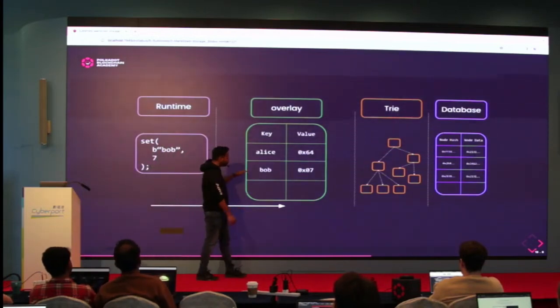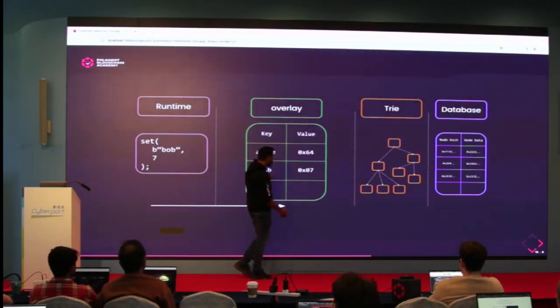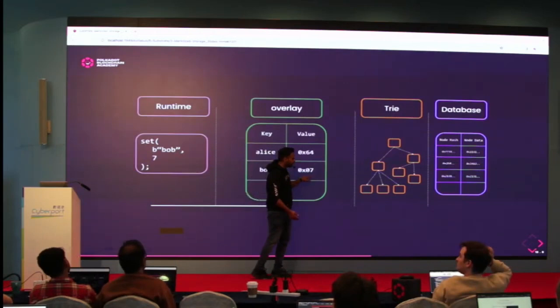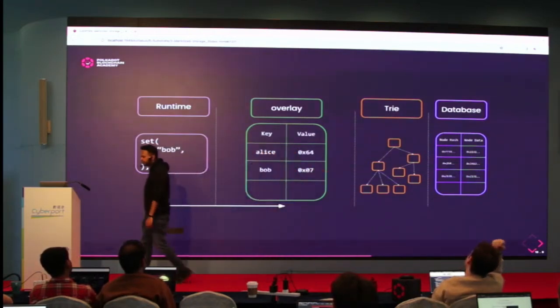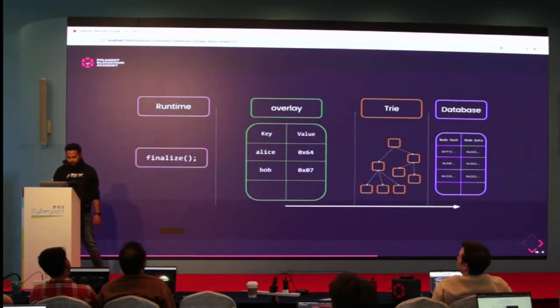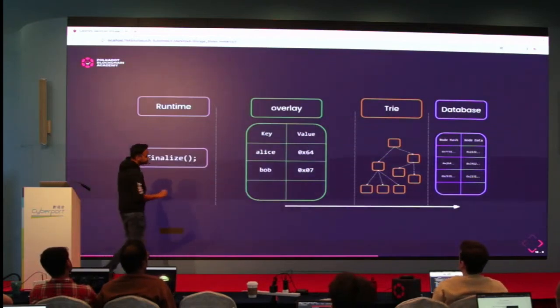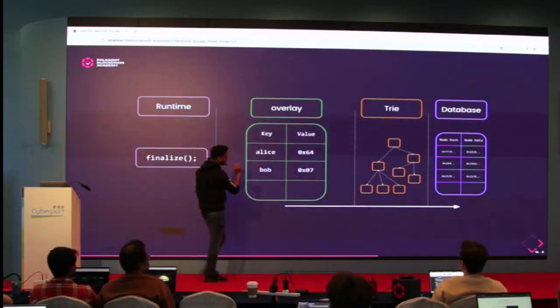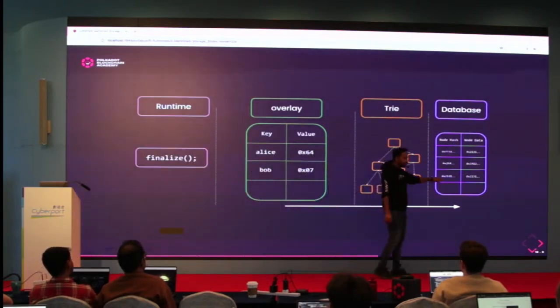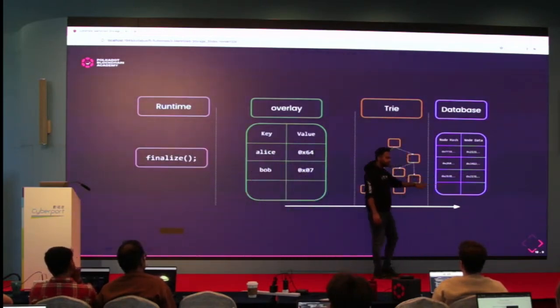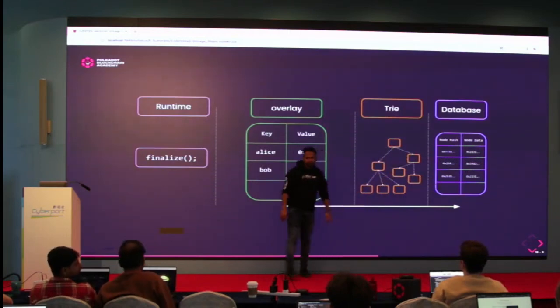Somebody sets the value of Bob again to something else. Again, just update it in the cache, not in the database. And when you actually finalize, this goes through the trie and actually writes the value in the database. Did that answer your question?